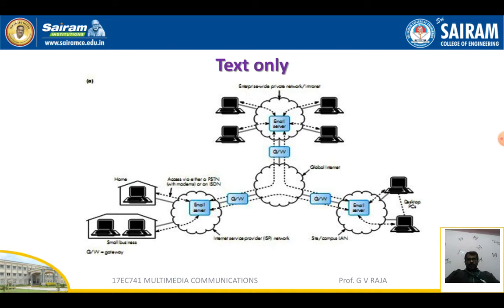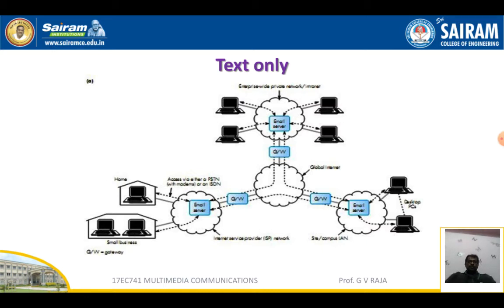Here a Gmail server is used, with a gateway connected to the Gmail server. This shows communication between the home and a small business area, and between one small LAN connection, and how email or text-only messages are transferred.